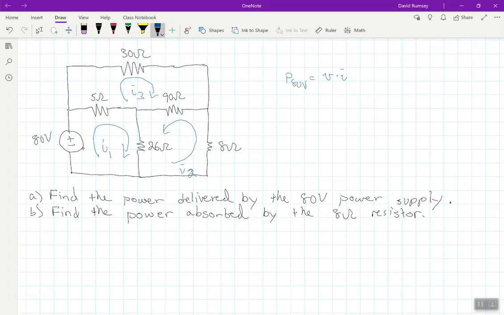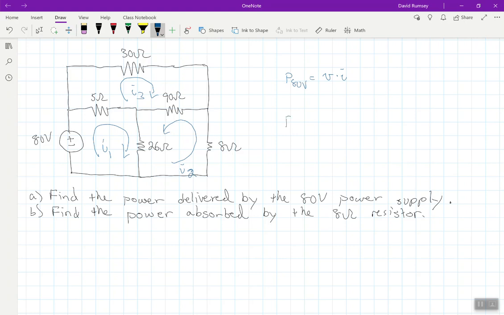So actually, if we find I1, we'll be able to find that power of the voltage source really quickly, really easily. Because we know what voltage is, it's 80 volts, and we know what I is, we'll be able to determine that power. Similarly here, I2, that's the only loop touching this 8 ohm resistor.